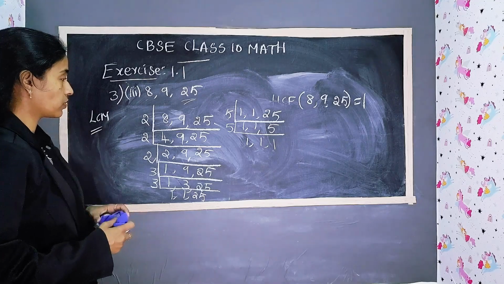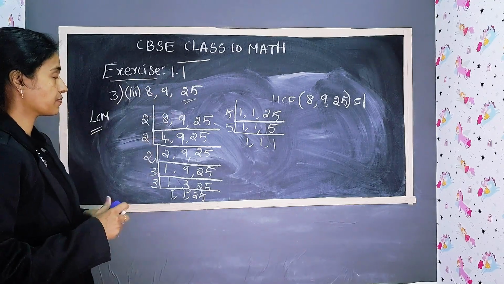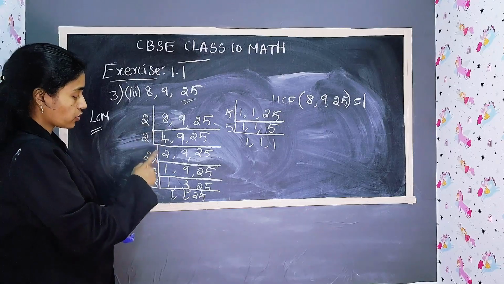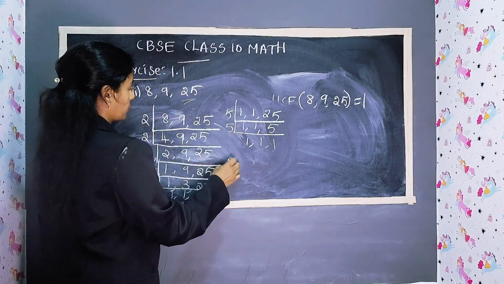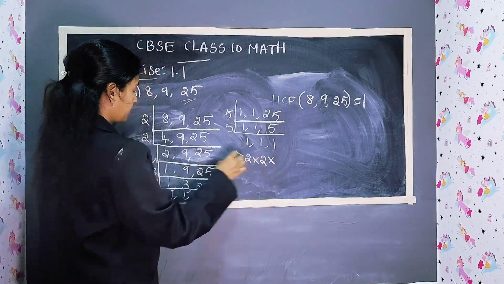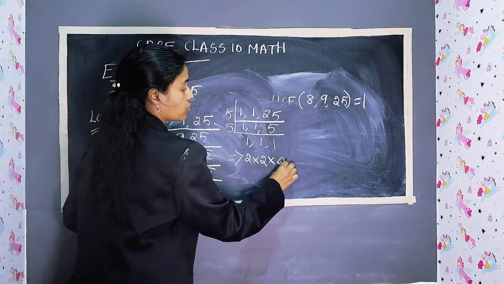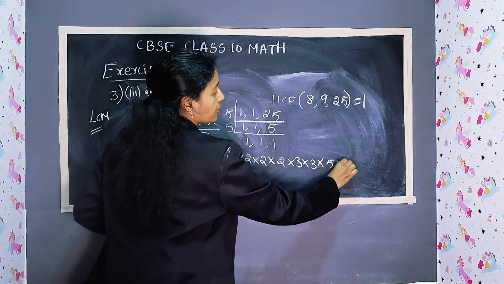So what would be the factors of 8, 9, 25? 2 into 2 into 2 into 3 into 3, 5 into 5. So 2 into 2 into 2 into 3 into 3 into 5 into 5.